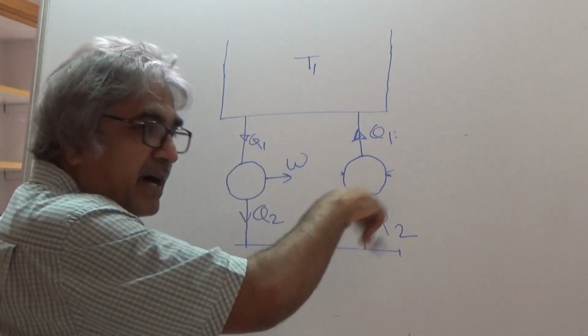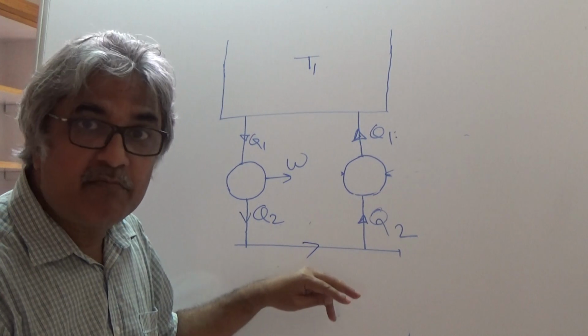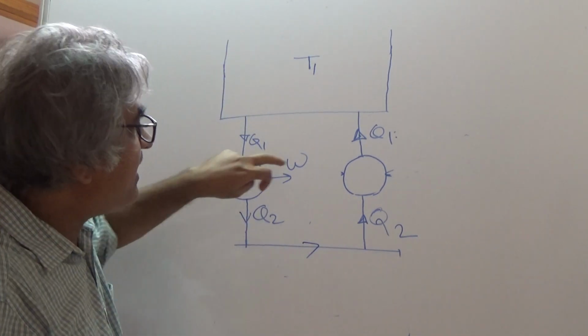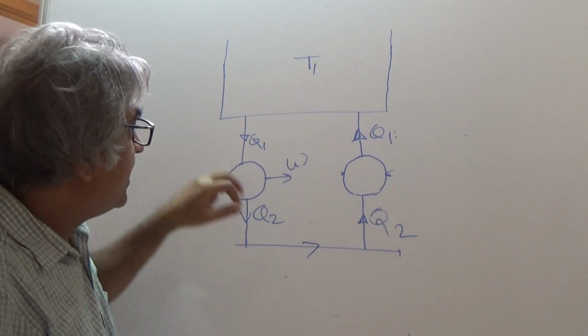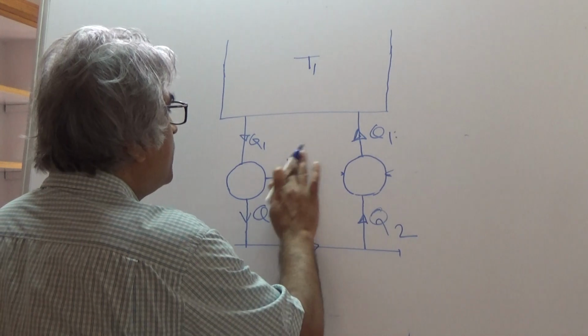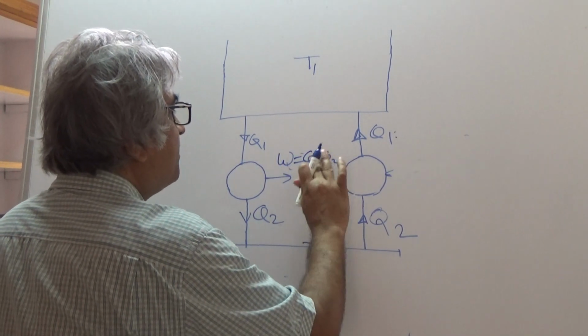And now you have a combined system. How is that combined system operating? There is no second body, there is only one body from where heat is taken, and please note, heat is converted into work. How much heat is converted into work? Let's say W is Q1 minus Q2.